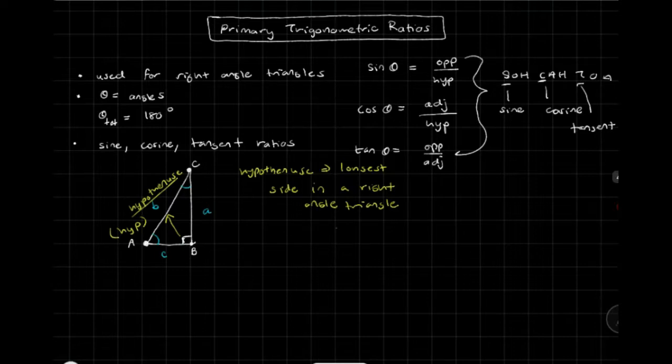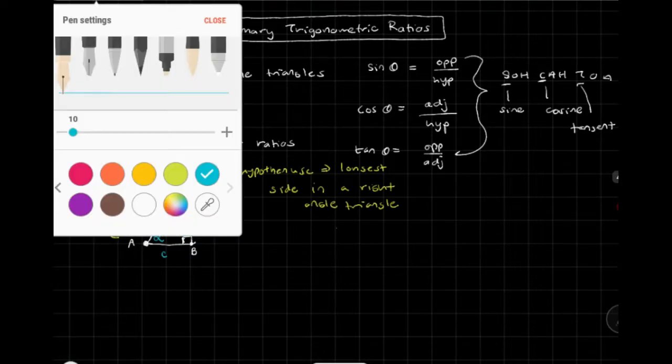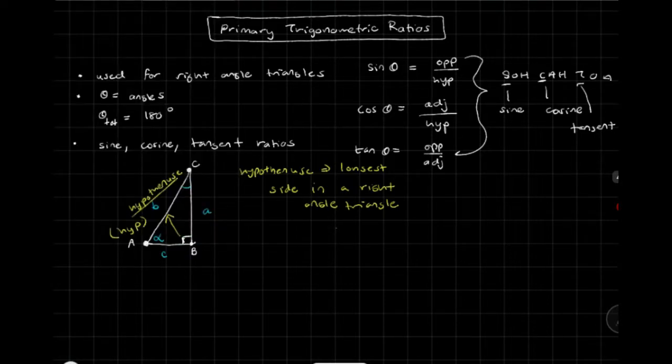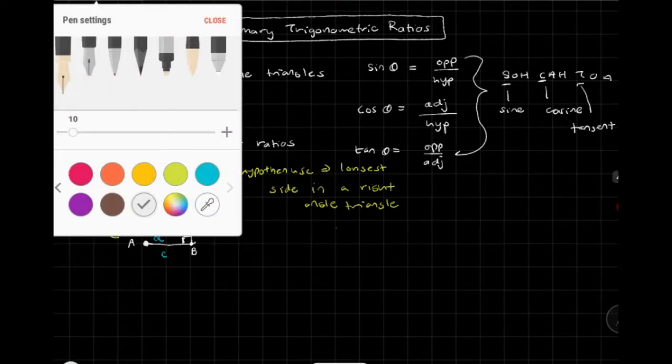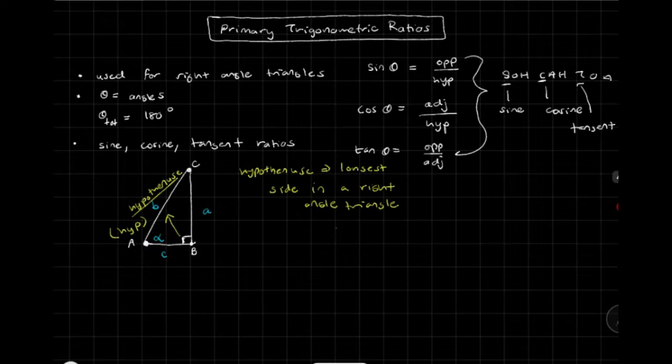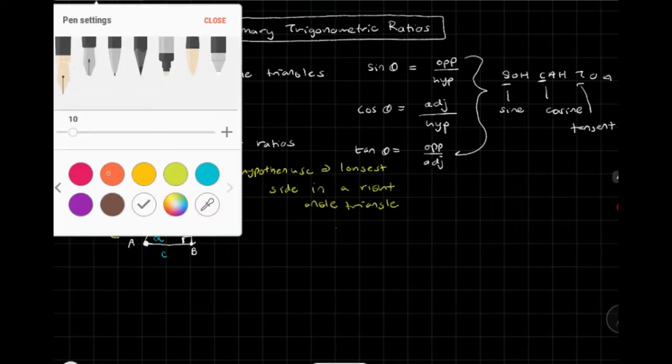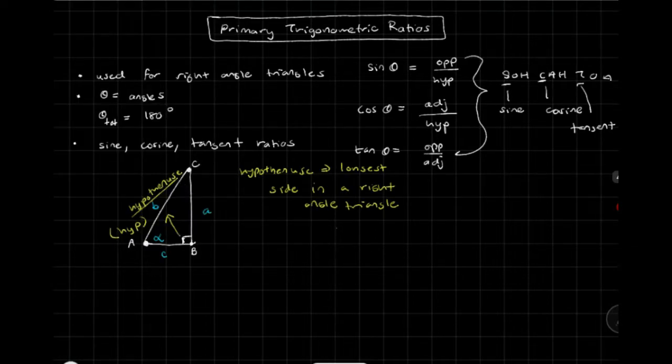So having said this, let's say that instead of labeling these angle A and angle C, I label them a different way, right? Let's call this angle alpha, and let's call this angle beta.